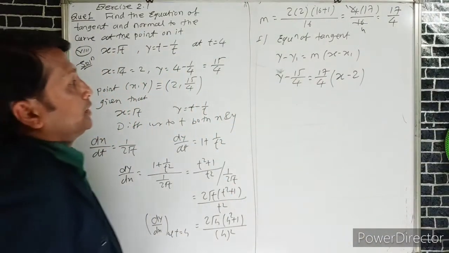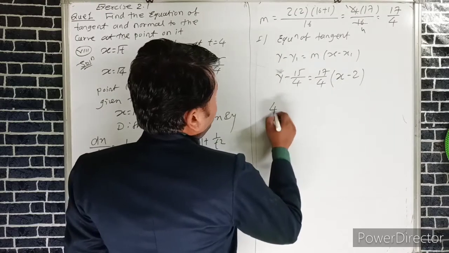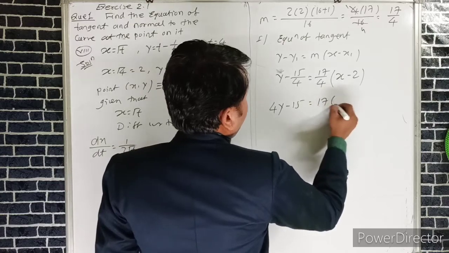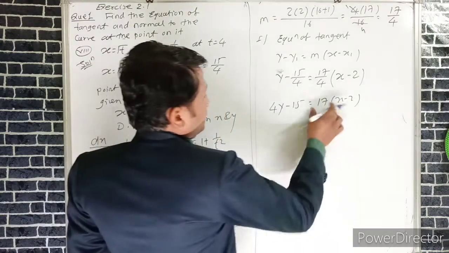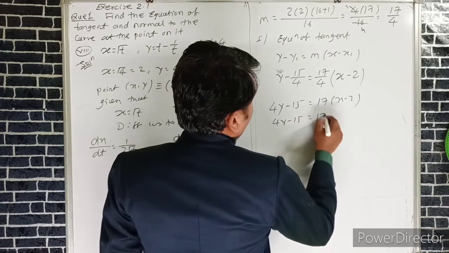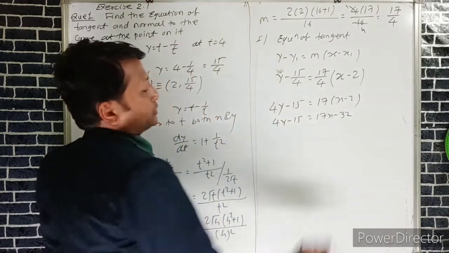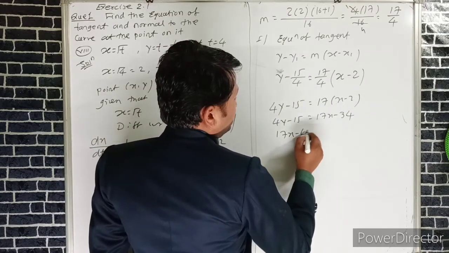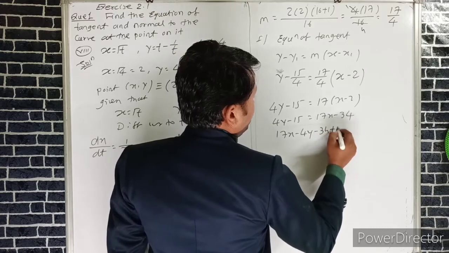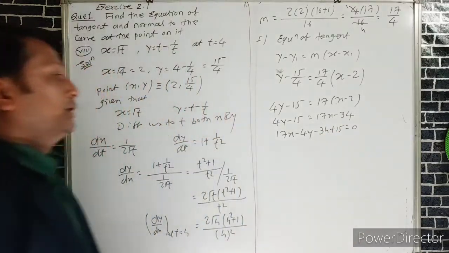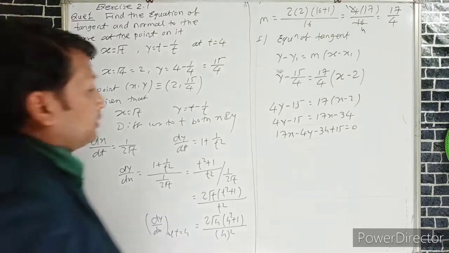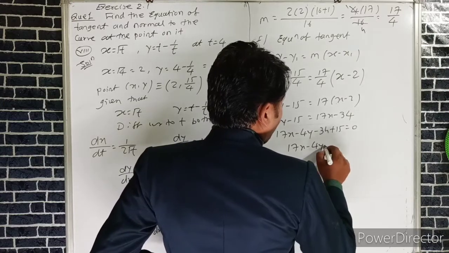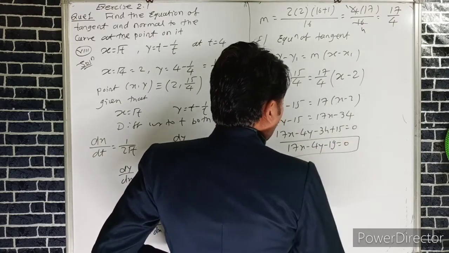If we multiply both sides by 4, we get 4y minus 15 is equal to 17 into (x minus 2), so 4y minus 15 is equal to 17x minus 34. If we shift, 17x minus 4y minus 34 plus 15 is equal to 0. Here 34 minus 15 gives 17x minus 4y minus 19 is equal to 0, which is the required equation of tangent.